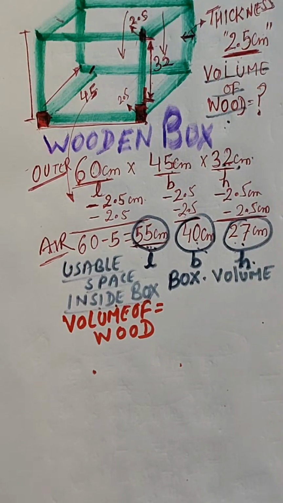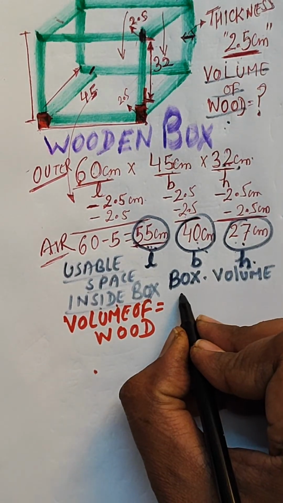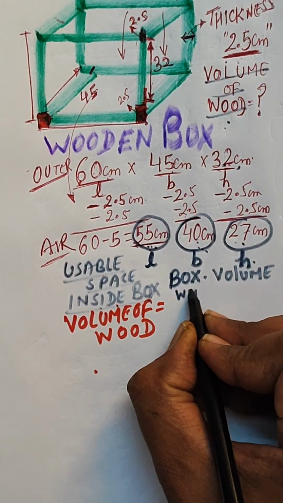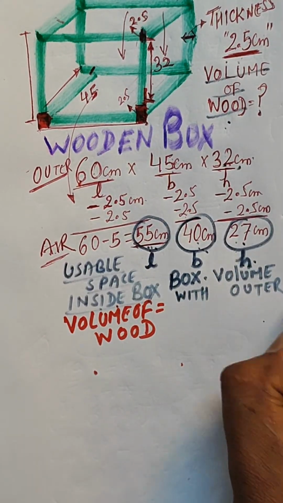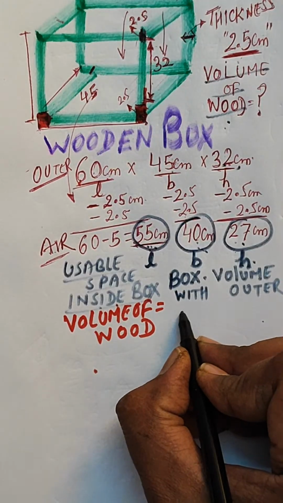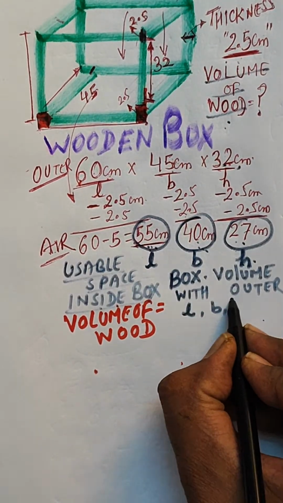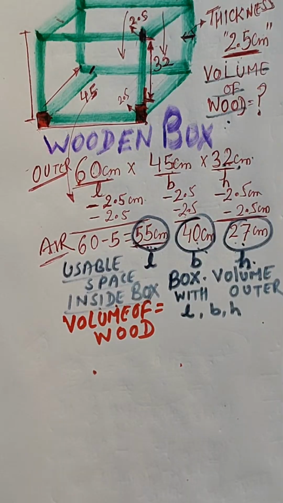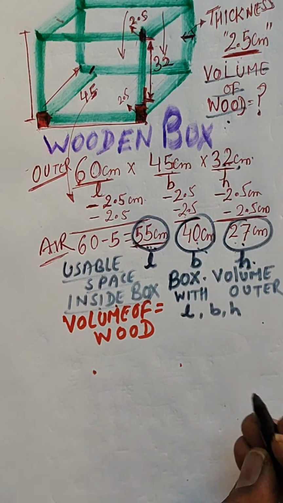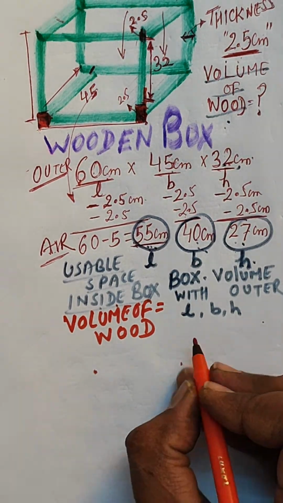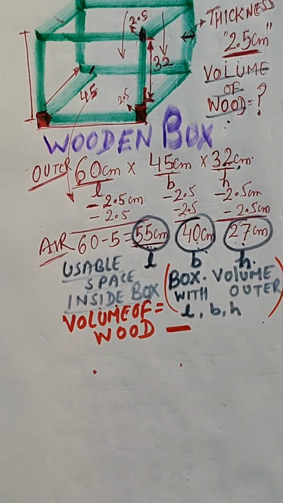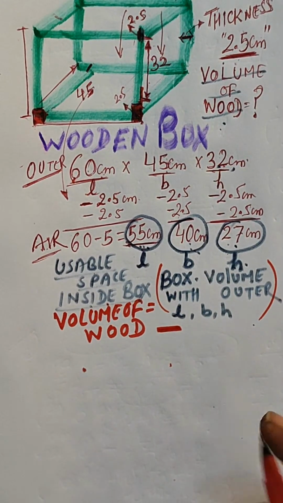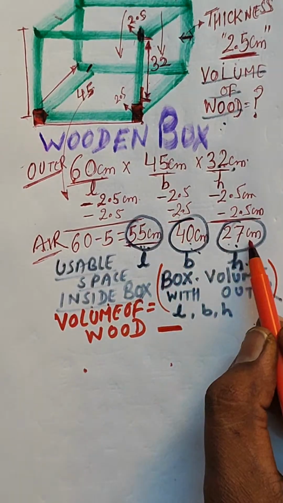Box volume with outer LBH, right? The dimensions, minus this, minus the box volume with inner dimension.